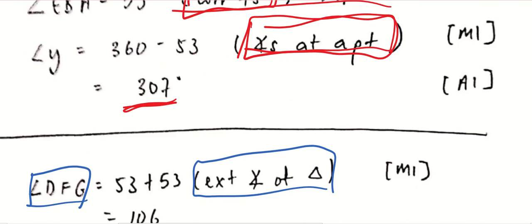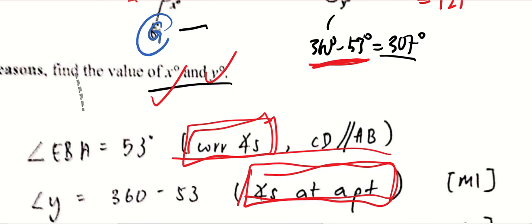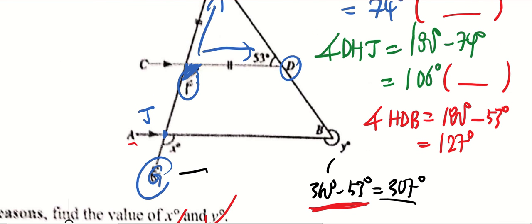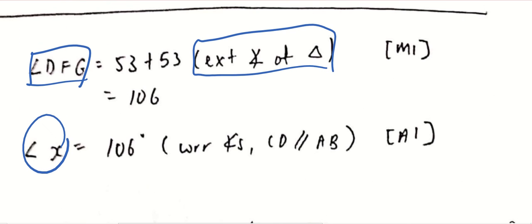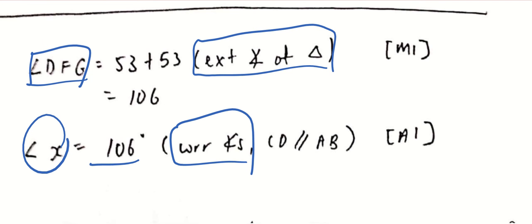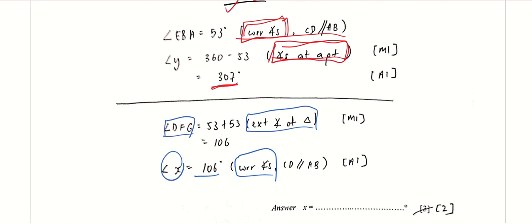So they use this result to get 106, and we have x already. X is corresponding to angle DFG. So therefore, x equals 106, corresponding angles. Not too difficult. So we are done with x and y.